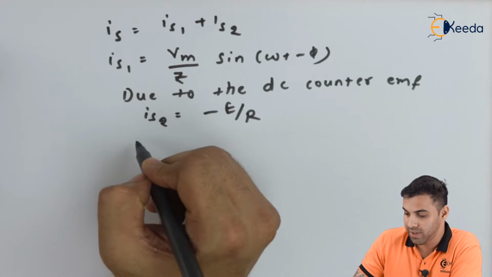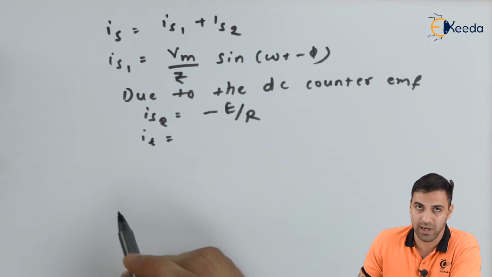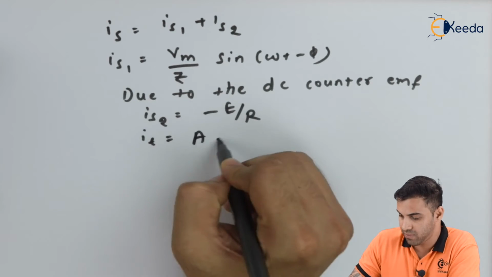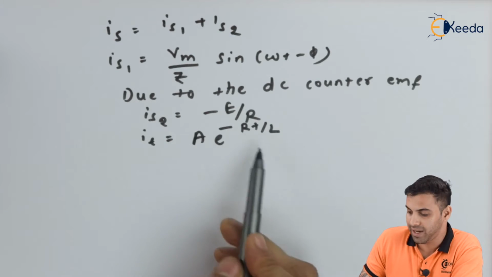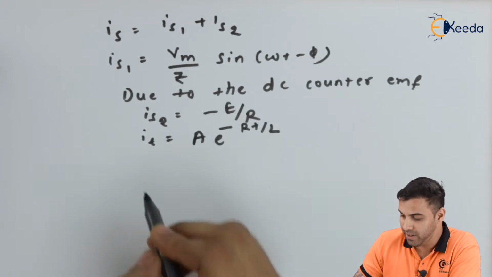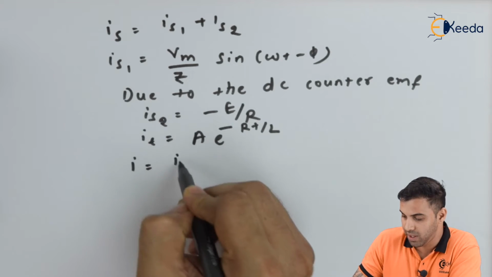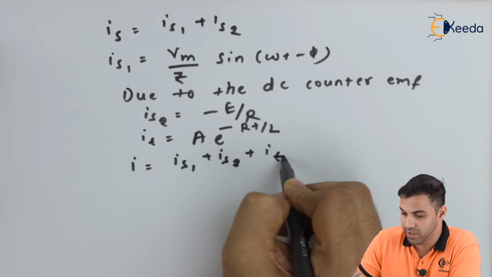Now friends, the transient current, as we already explained earlier, will be equal to A into epsilon to the power minus Rt by L. Now the total current in the circuit will be given by I is equal to Is1 plus Is2 plus IT.